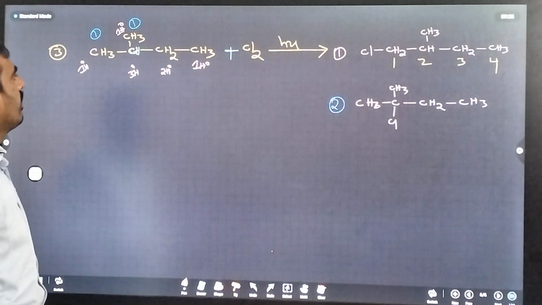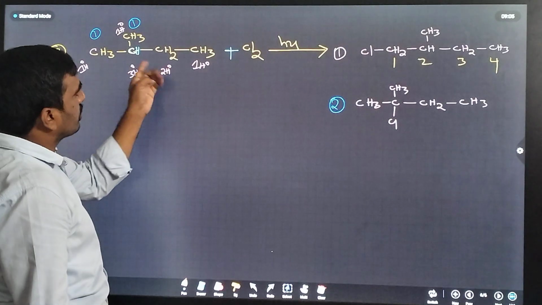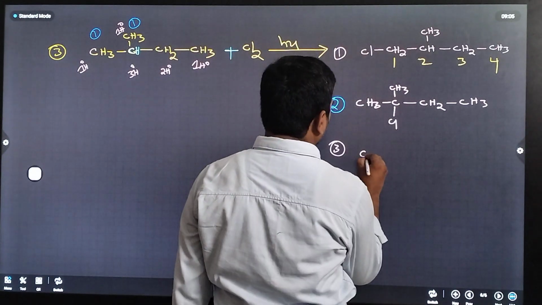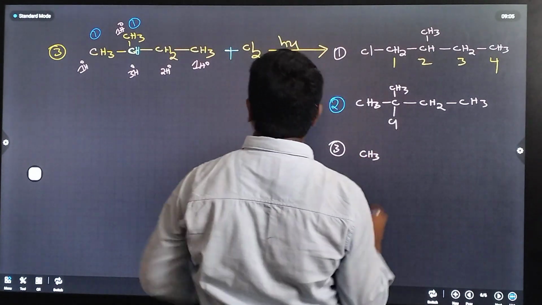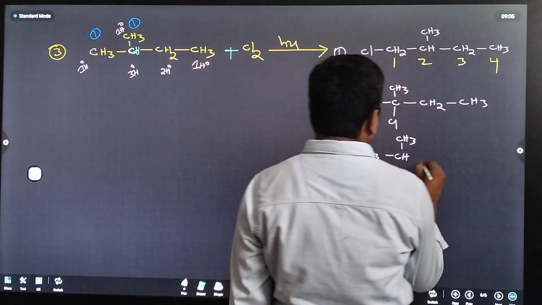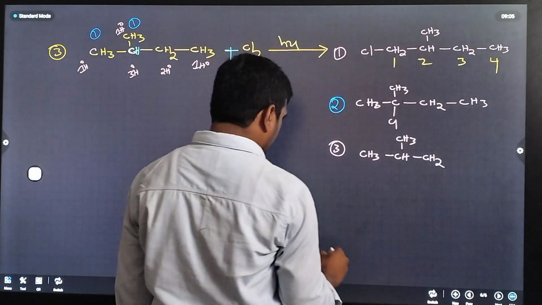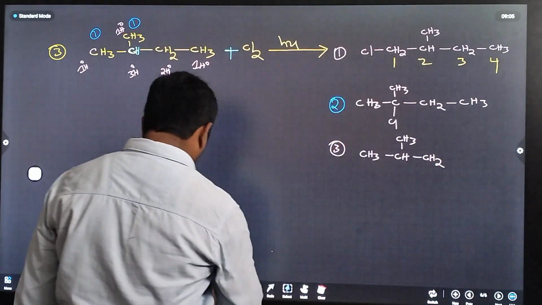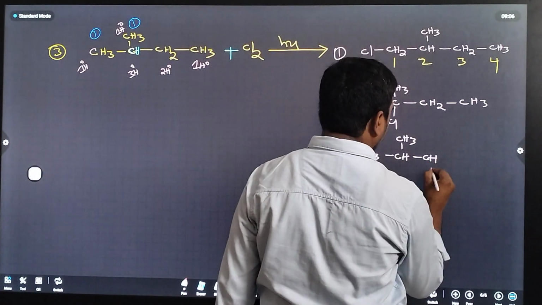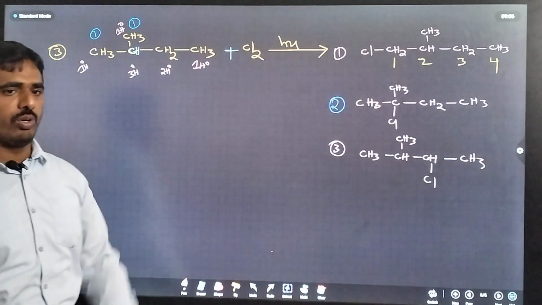Then this hydrogen replaced by chlorine atom, we get another product: CH3, CH, CH3, CH2, CH, Cl and CH3. So this is 2 chloro 3 methyl butane, another product.